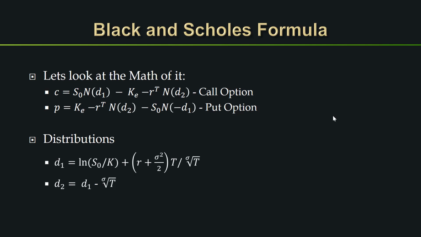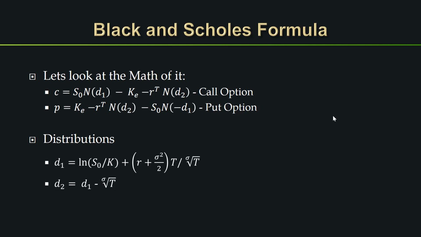So if you look here, there is S0, which we call the stock price or the current stock price, and let's forget about the distributions for now, which are N(d1) and N(d2), and just keep focusing on the formula part.